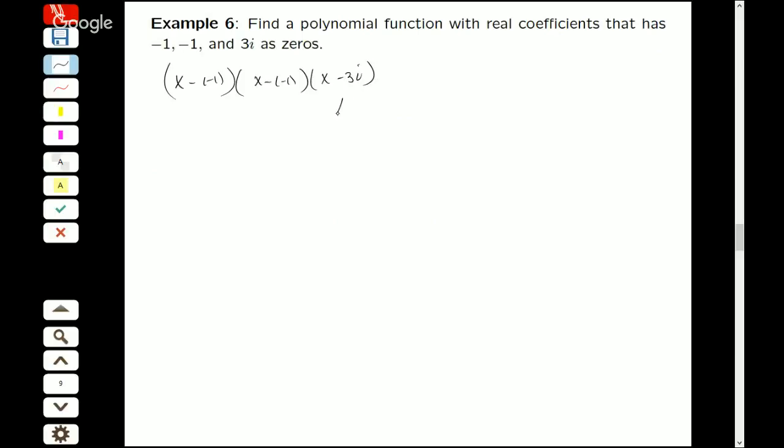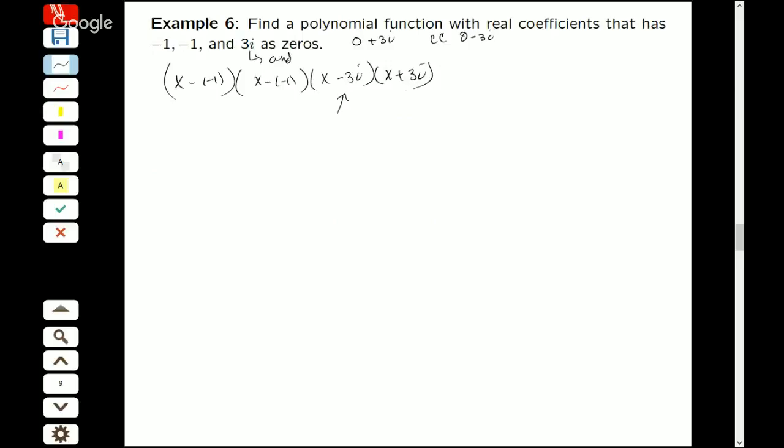And what is the complex conjugate of 3i? x plus 3i. Okay, so you're 0 plus 3i, and then the complex conjugate would be 0 minus 3i, right? So that's where you got your x plus 3i from. But I have to show the in-between stuff. Yeah. You get x plus 3i.